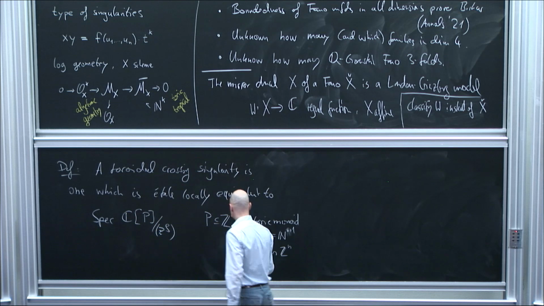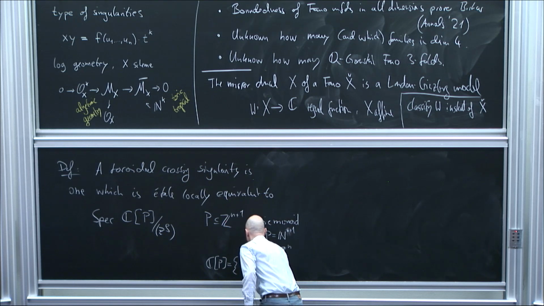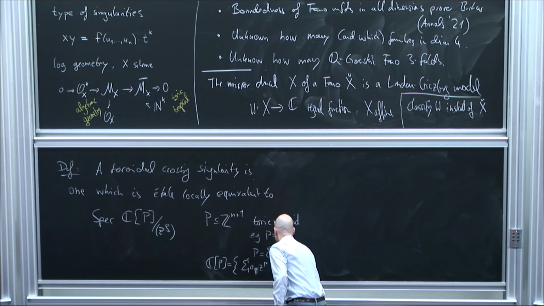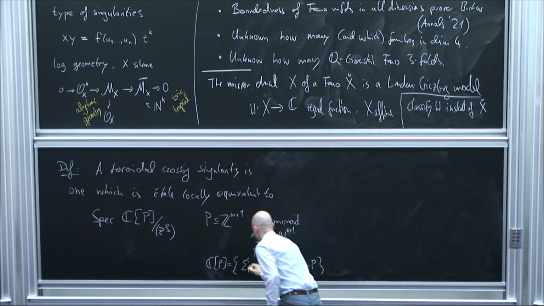Okay? So C[P] is the set of all finite sums of a_p z^p, where a_p is a complex number, p is in P, and the sum is finite.